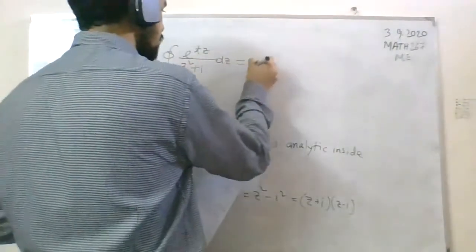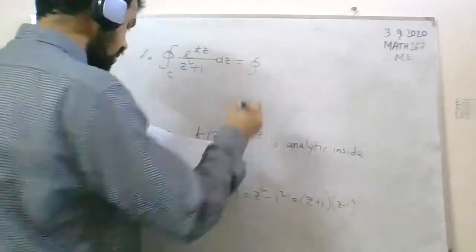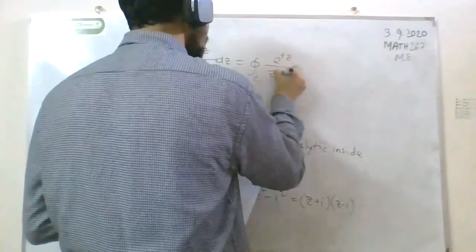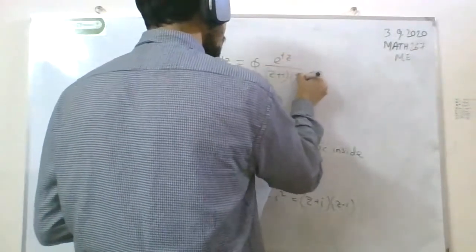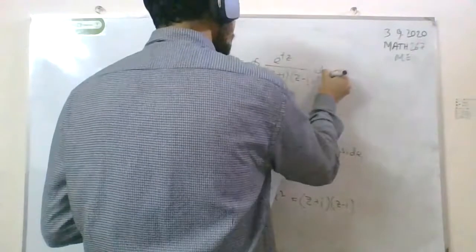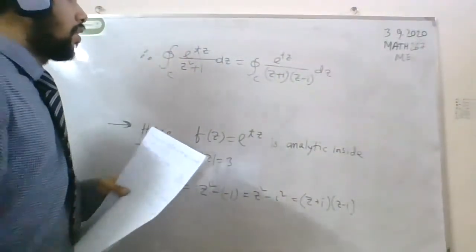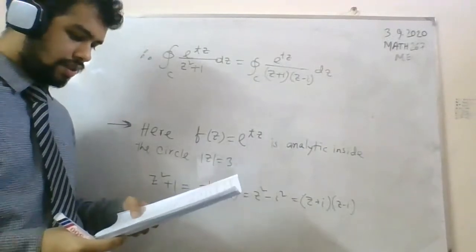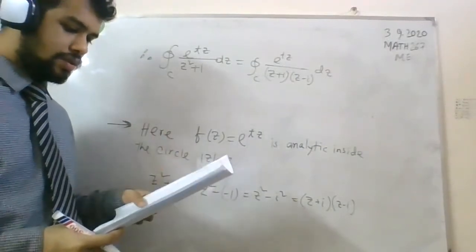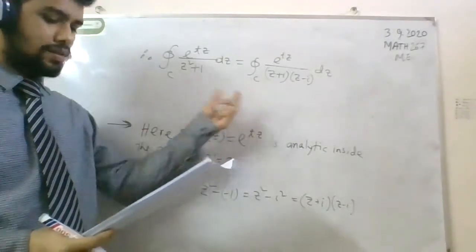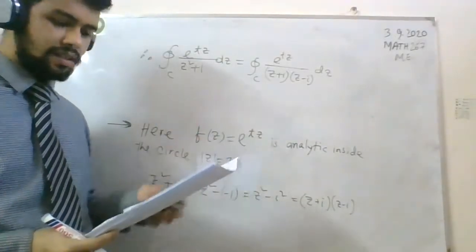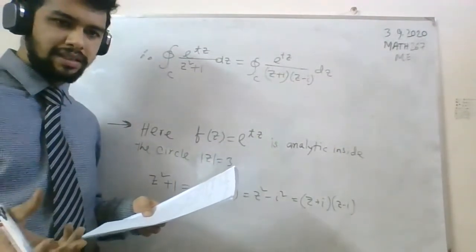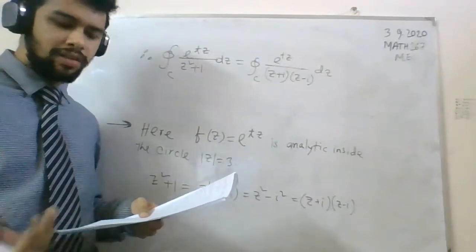Now just write here e to the power tz divided by z plus i, also z minus i, dz. Okay, so from here at first you have to show whether z equals i or z equals minus i lies inside the circle or outside the circle.